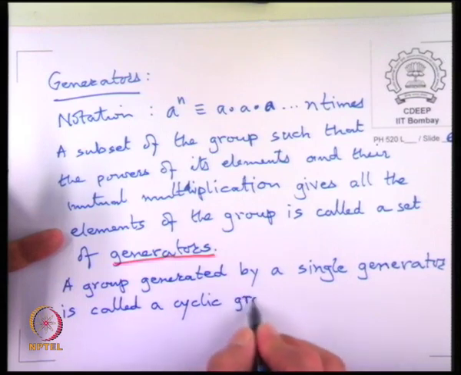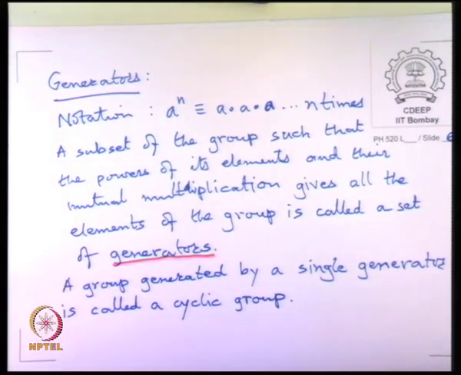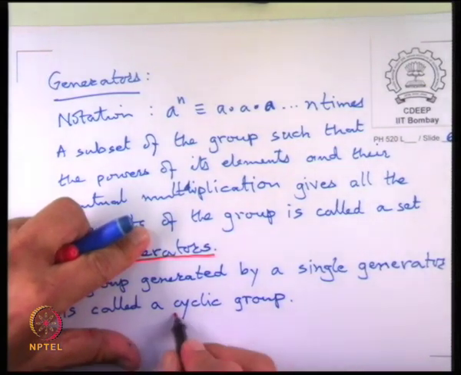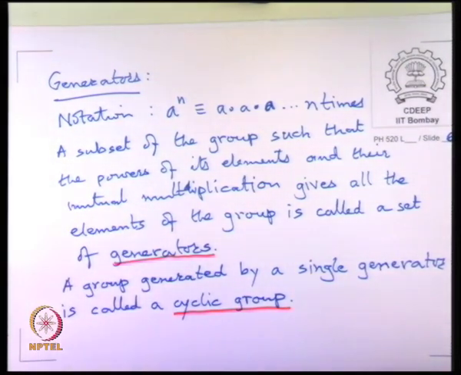It is like a cycle. You multiply several times, you get all the group elements, and then you start again, right? In a cyclic group, you have one element, you start raising it to powers: a times itself, a squared, a cube, a to the 4. Eventually, it has to become identity because the total group size is finite and we have closure. If you multiply any number of times, you must get back a group element, but the total number of elements is finite. So, eventually a to the power some p should reproduce the identity element.